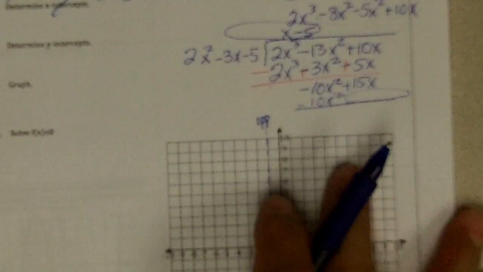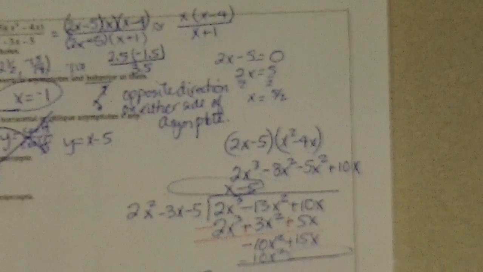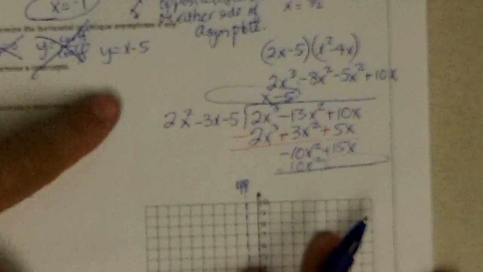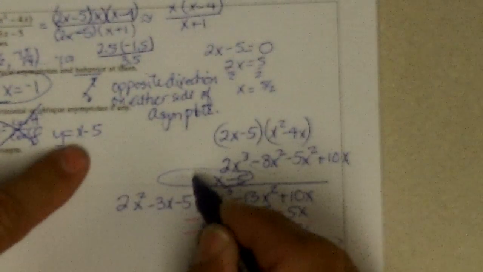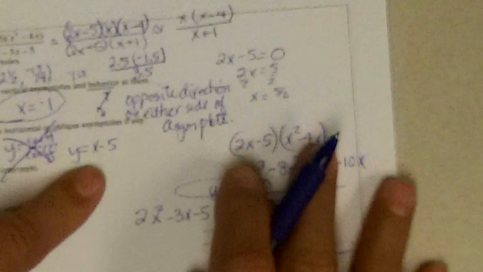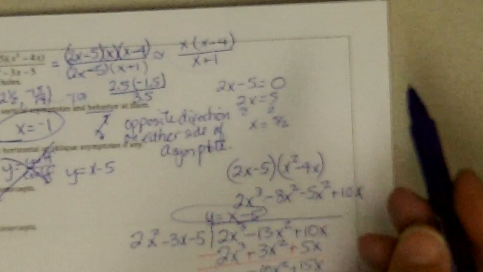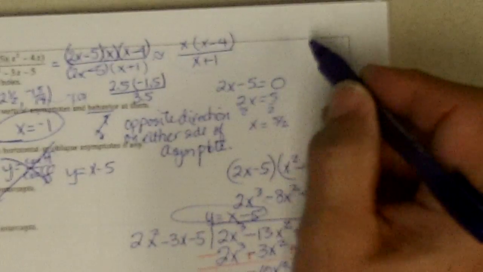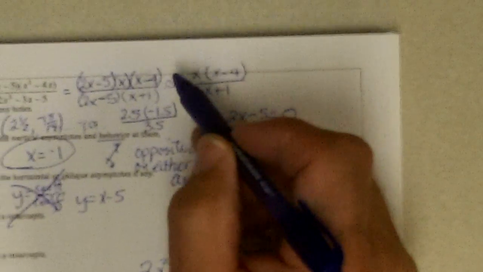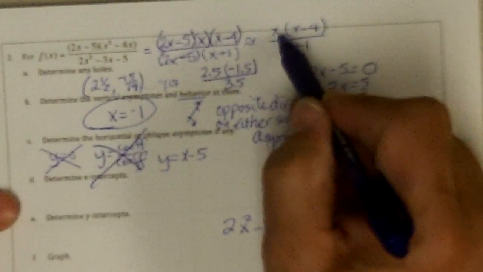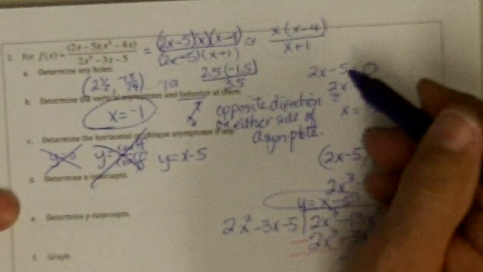Now, I'm going to do this again in a simpler method here. I can find the oblique asymptote with the reduced form. So this is x squared, what we had before, x squared minus 4x, this part, divided by x plus 1.